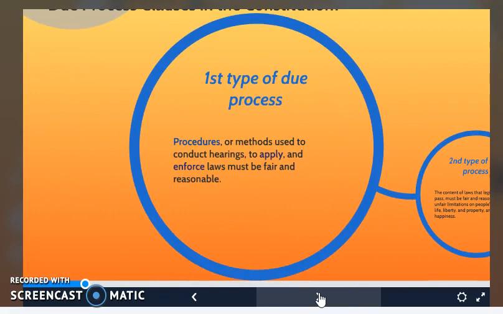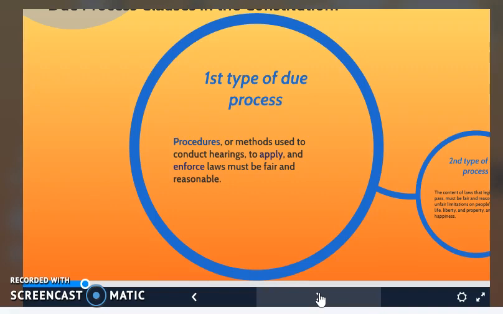There are two parts to due process, though, and the first part has to do with procedures. So again, write this down. Procedures or methods used to conduct hearings, to apply and enforce the laws must be fair and reasonable. So that means that the way things are done needs to be done the same way for every person, no matter how much money they have, no matter their citizenship status, no matter what religion they are.